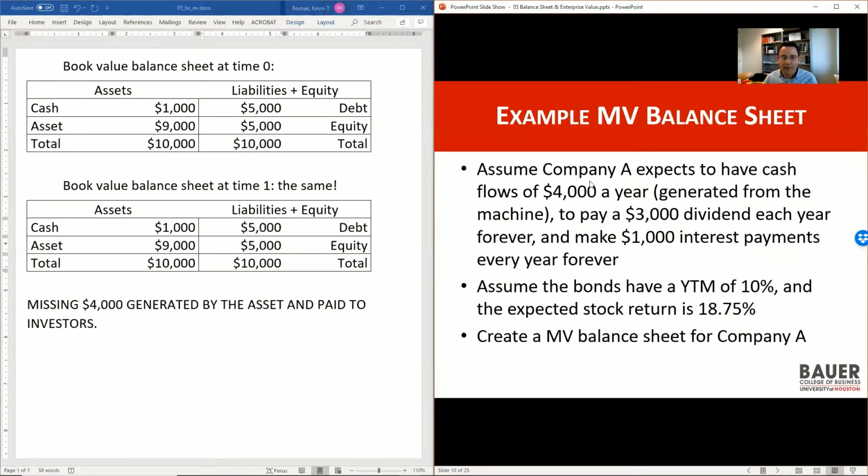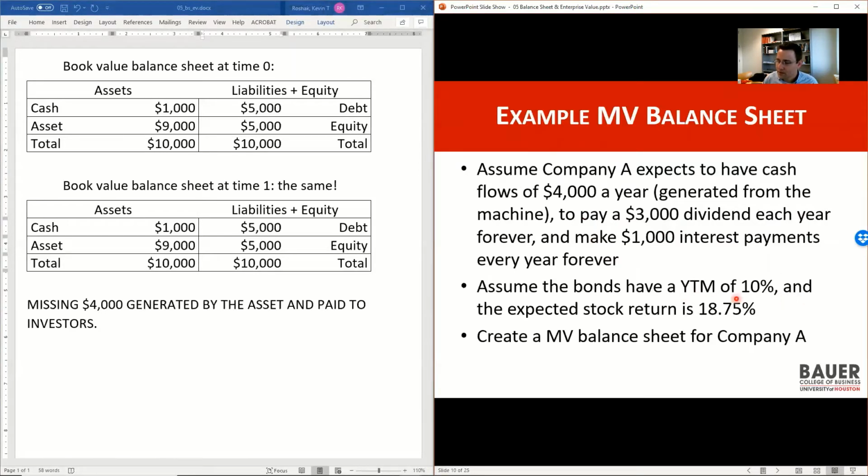Okay, so same exact company. This company is going to expect to get those $4,000 every year going forward. Okay, and it's going to continue to pay those $3,000 in dividends each year forever, and make $1,000 in interest payments each year forever. Those cash flows that we saw in year one, we're just going to say those are going to happen all the time now.